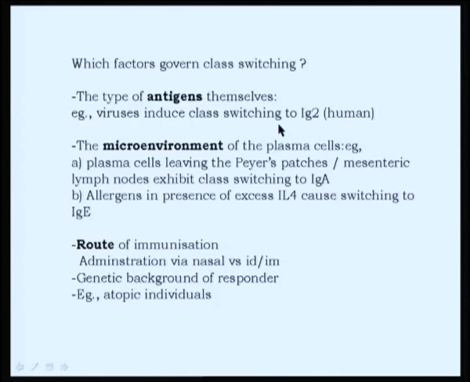One example I can give you is with respect to IgG2a, which is an isotype that is made in response to viruses, and in human this would be IgG2. The Fc regions of these immunoglobulins can bind to some of the cells of the innate immune system.